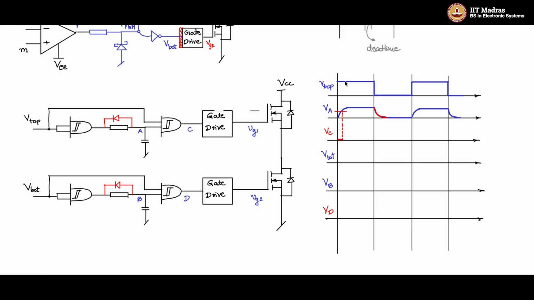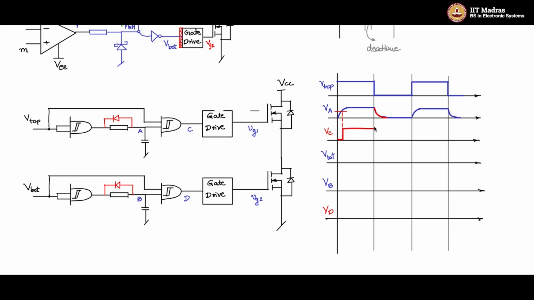V top is high, so this input of the AND gate is enabled. Once this crosses the trip point, this is high, this is also asserted high, and the output will go high. So you will see VC will go high at this point.